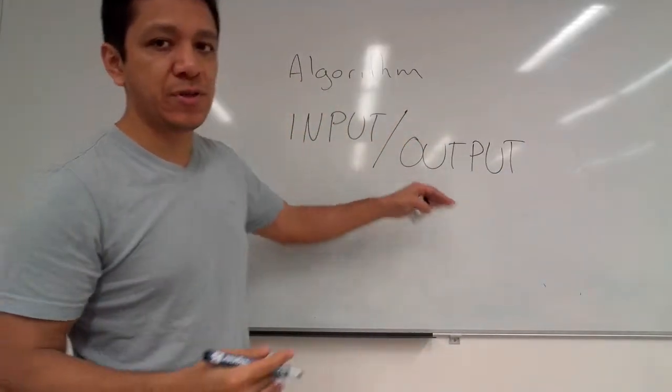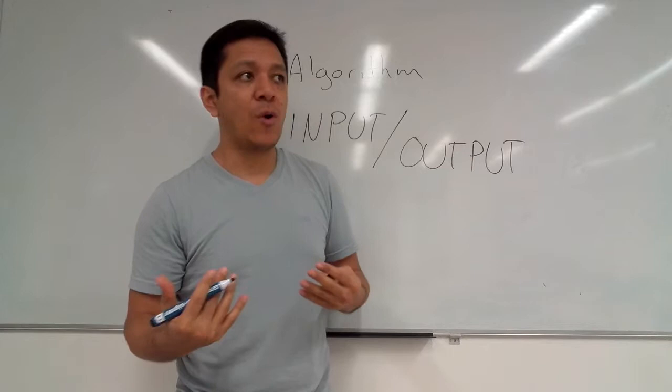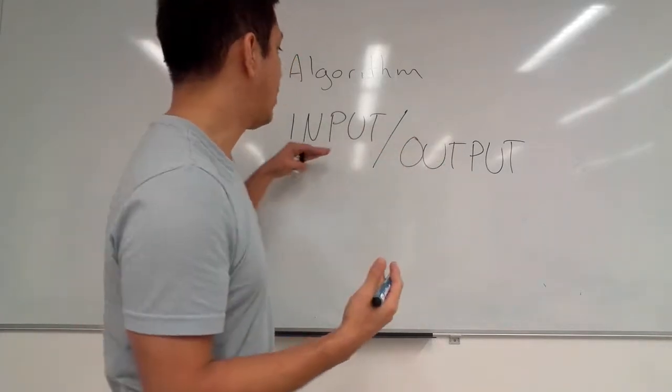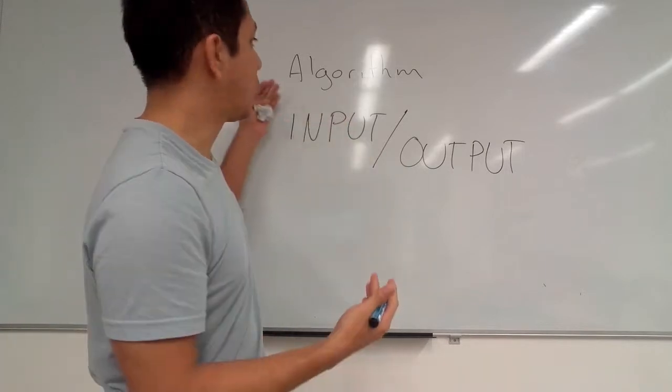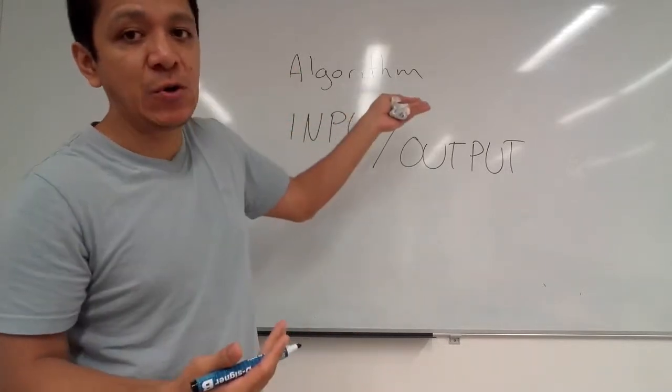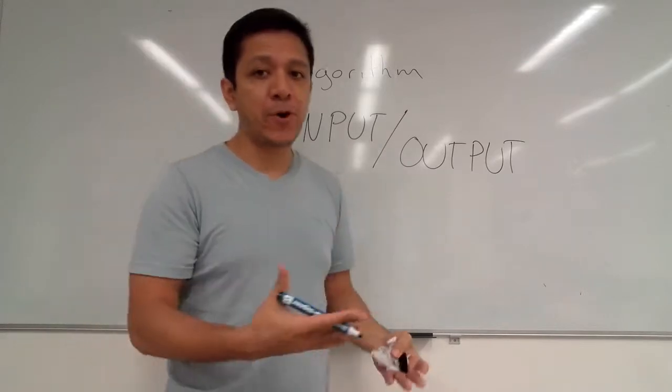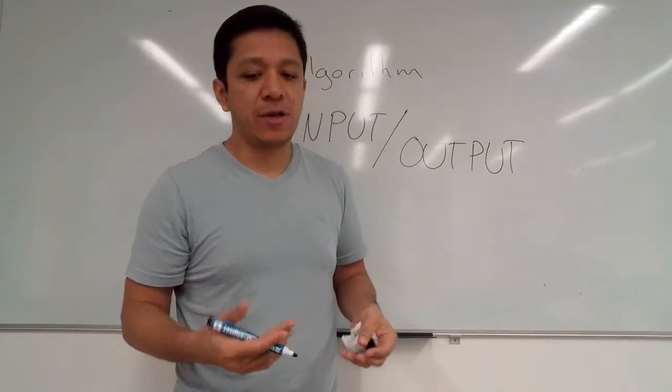And the output is going to be the result. Once we make some series of steps, some procedures, or we do some algorithm, we have one result for the problem that we are looking for.